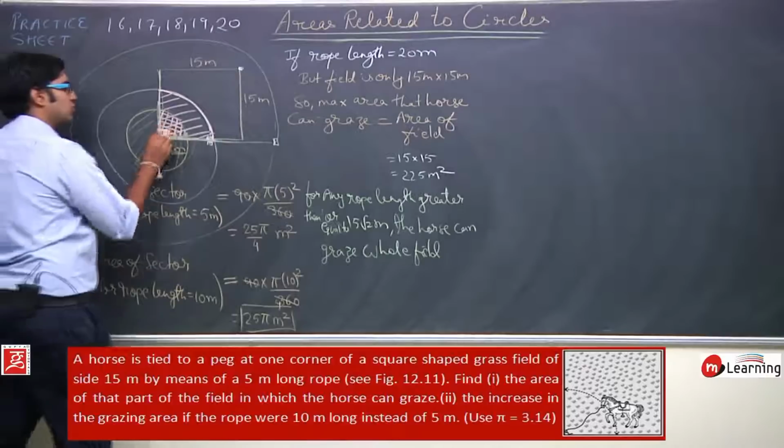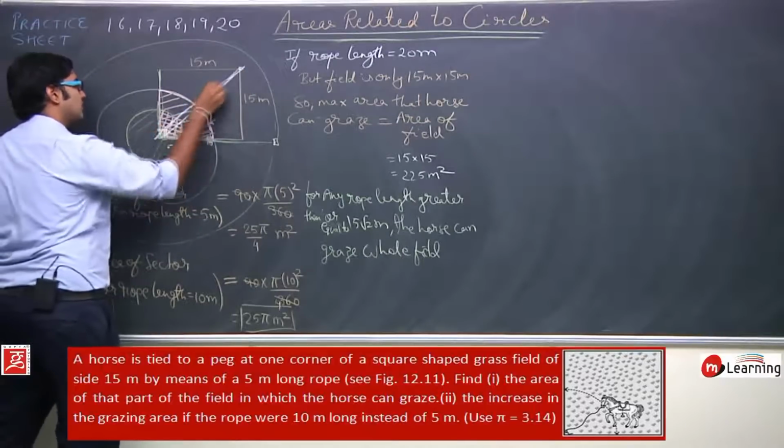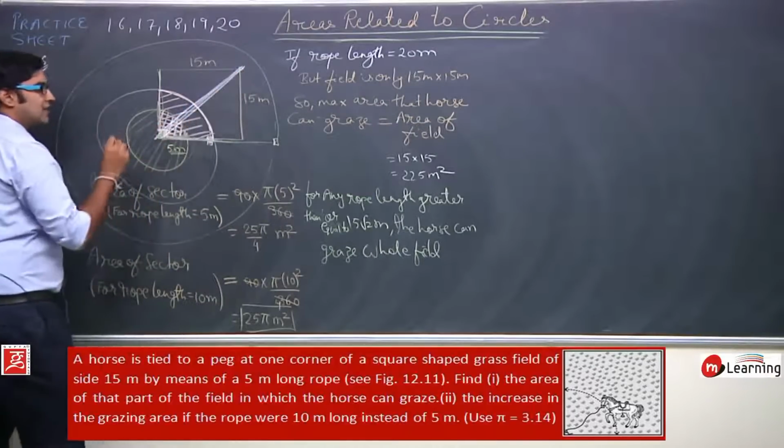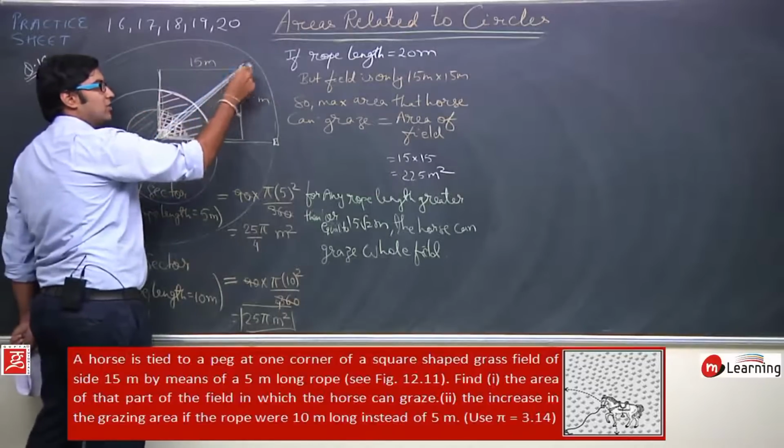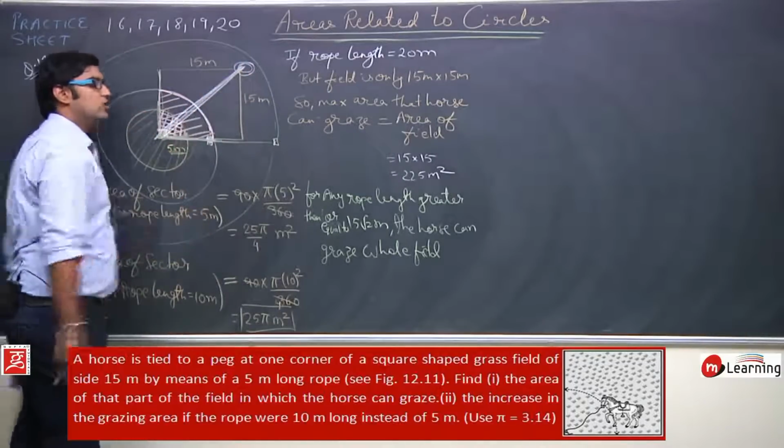Why? 15 root 2 is the length of this diagonal. So the maximum length required to reach this point for the horse is 15 root 2 only.